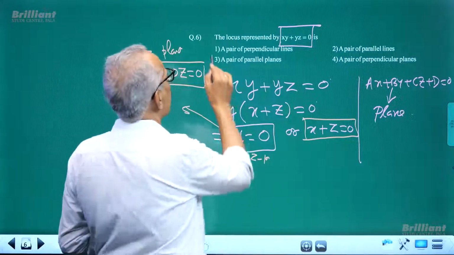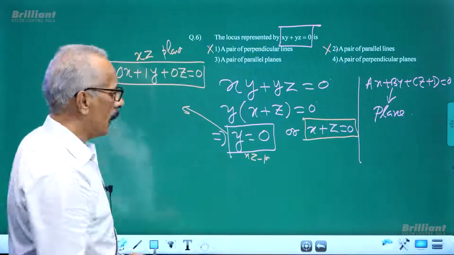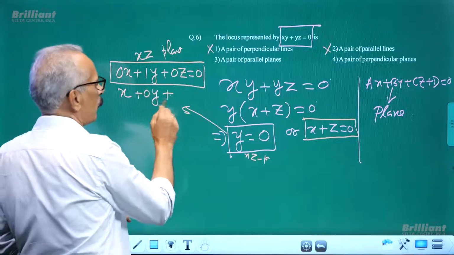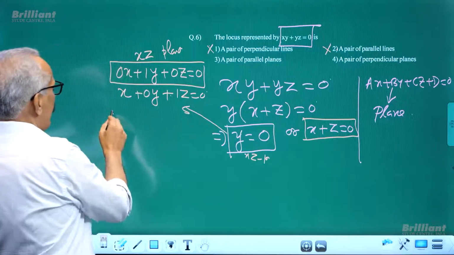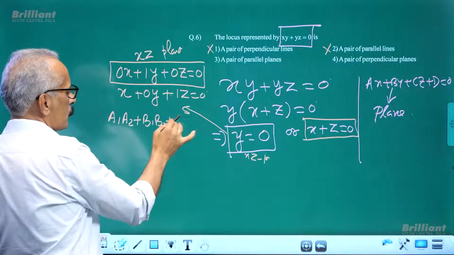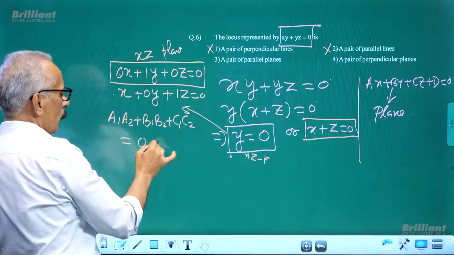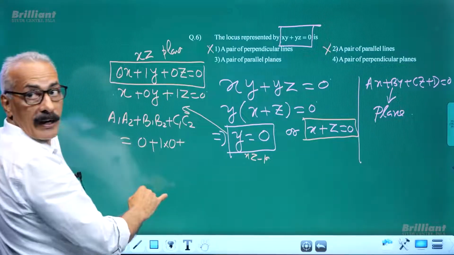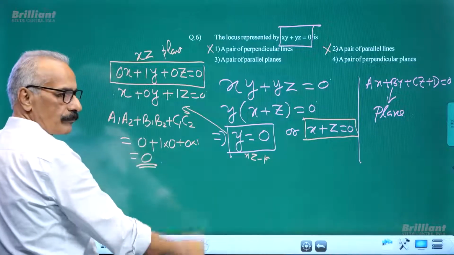The other plane is x plus 0y plus 1z equal to 0. What is your a1 a2 plus b1 b2 plus c1 c2? Let us calculate: 0 into 1, 0. 1 into 0, that is 0. Plus 0 into 1, that is 0. That is equal to 0.